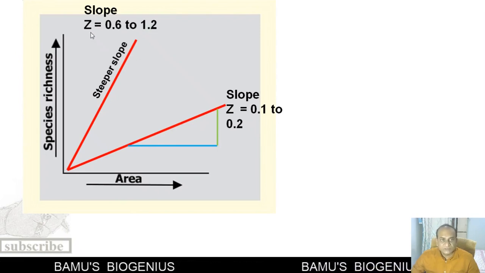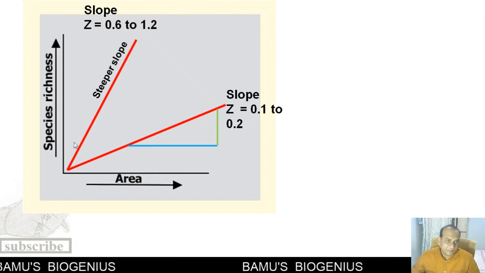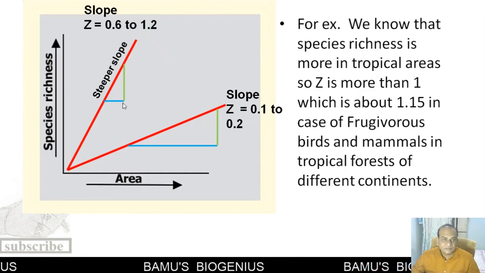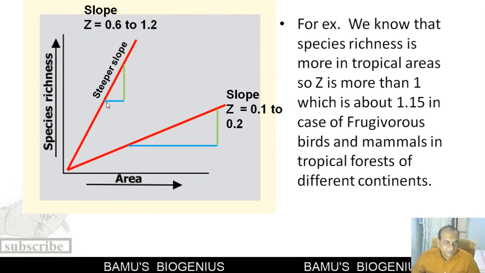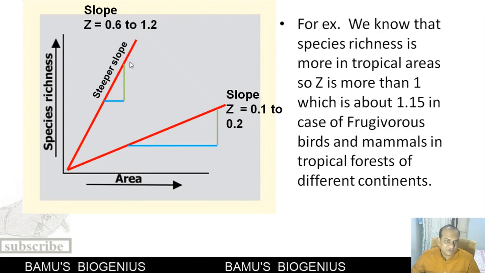That slope is due to z equal to 0.6 to 1.2, and such a steeper slope is observed in tropical areas of the world, because here z is always more than 1. For this amount of change, a very great rise in species richness is observed.